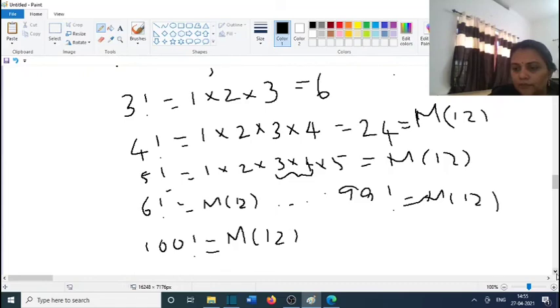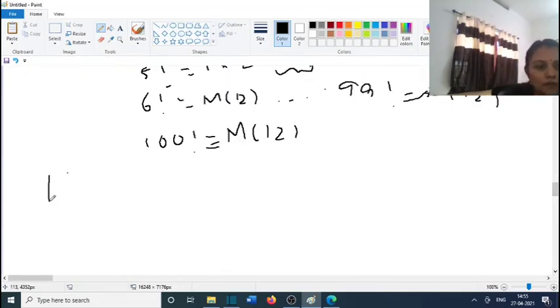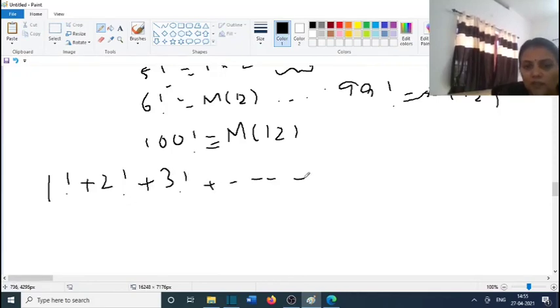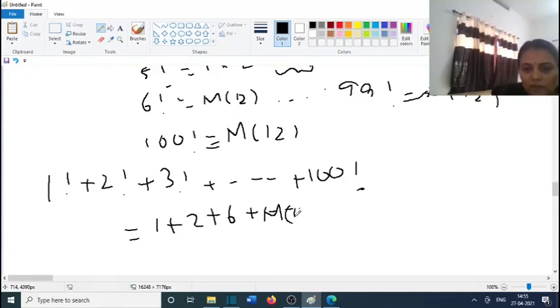Therefore 1 factorial plus 2 factorial plus 3 factorial plus etc. plus 100 factorial is equal to 1 plus 2 plus 6 plus next terms, which are multiples of 12.